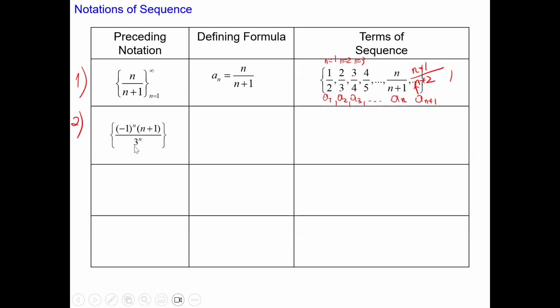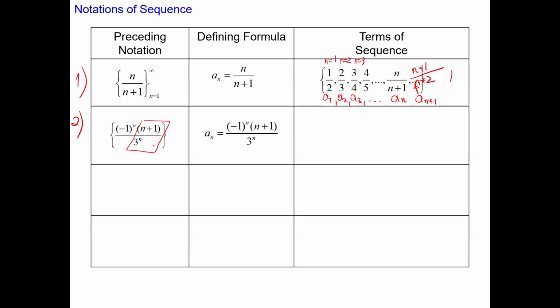Okay, we have (n plus 1) over 3 to the power of n, and we have that nice component, negative 1 to the n. Negative 1 to the n becomes 1 if n is even, and becomes negative 1 if n is odd. That means these numbers will basically alternate in sign.